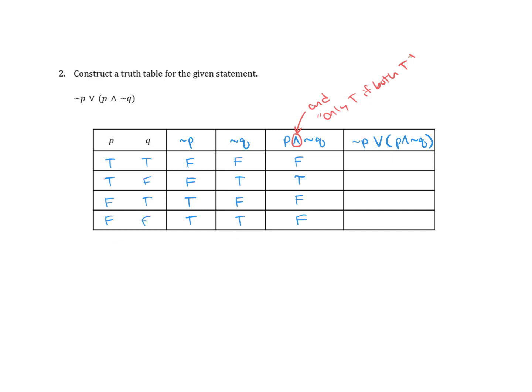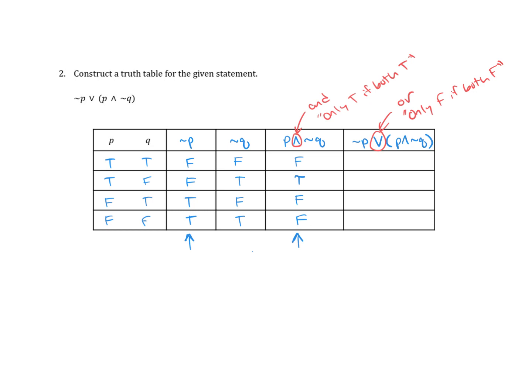And in my last column, I'm joining together not P, which is right here, with that compound statement that we just did, the last column we did, and I'm joining those together with an or symbol. So the rule for or: only false if both are false.